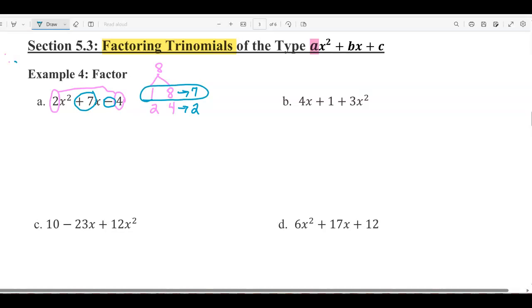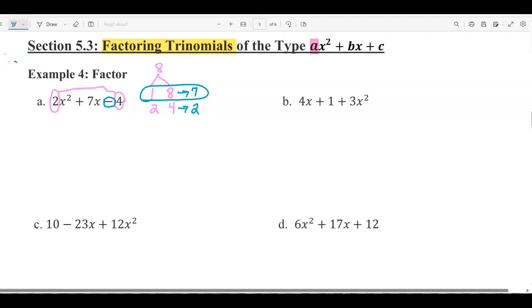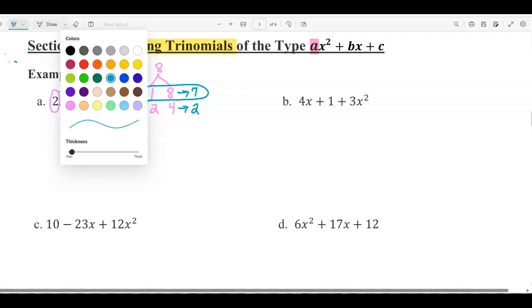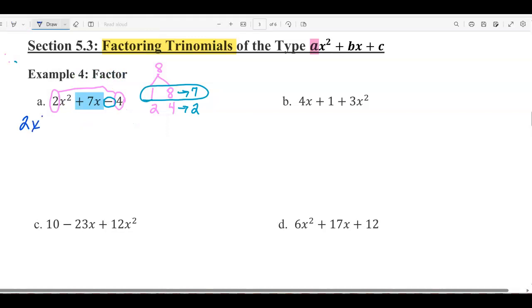So what I'm going to do now is take the 7x and use the factors I found, and I'm going to rewrite the 7x. So I'm going to keep the 2x squared, keep the minus 4, and rewrite the 7x as 1x and 8x.